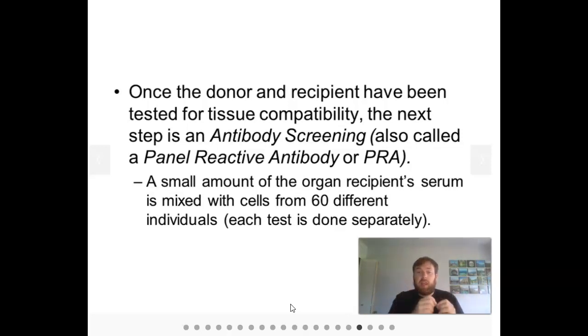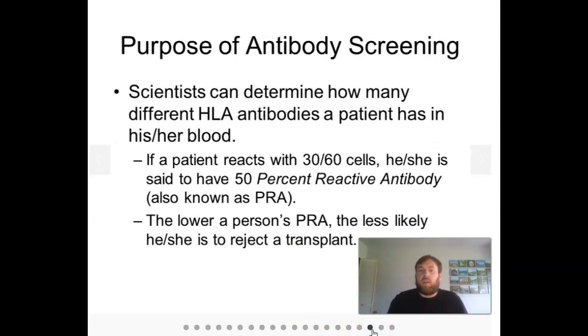Instead, we're taking the serum and testing against 60 individuals that we know specifically the combinations of their HLA antigens. The purpose of this is that the scientists can now determine how many different HLA antibodies a patient has in their blood.